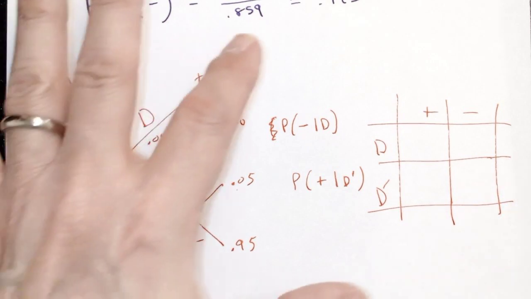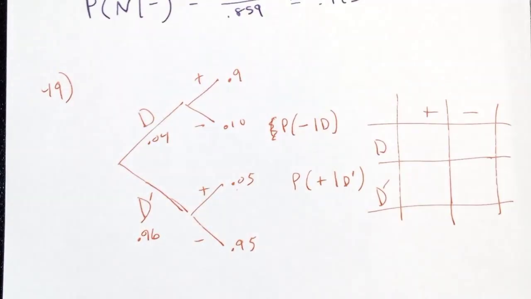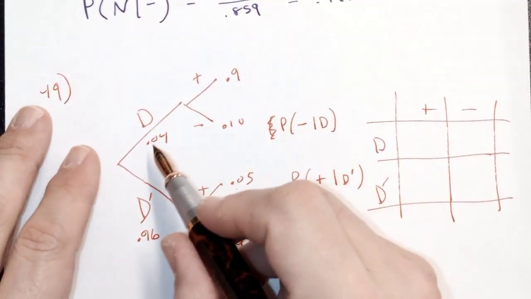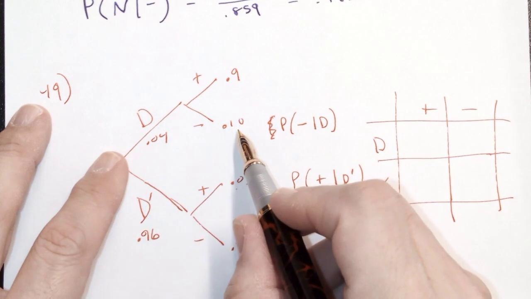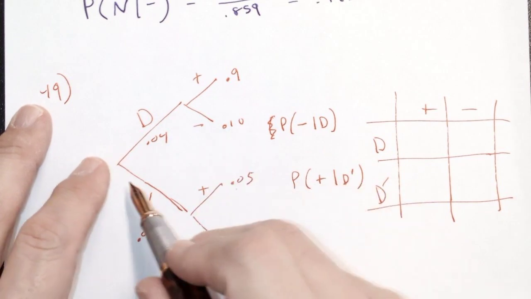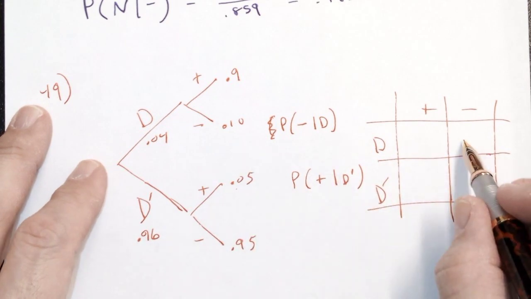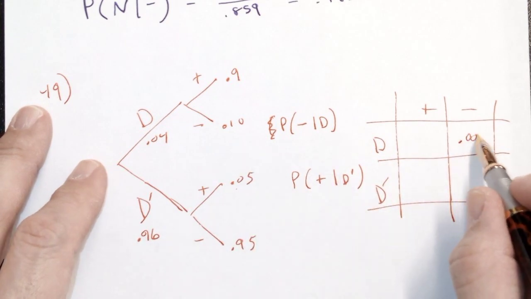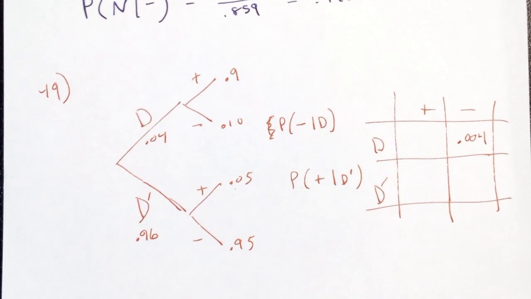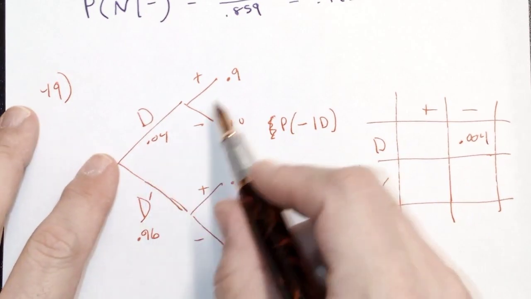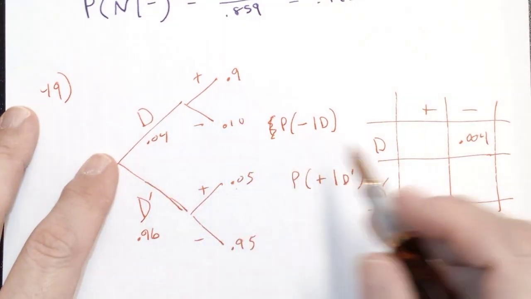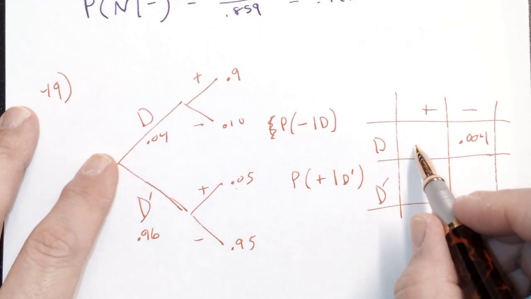But all of these numbers come from multiplying out the branches, right? 0.04 times 0.10 should be drug and negative test. That should be here. 0.04 times 0.9 should be here. What do we get?